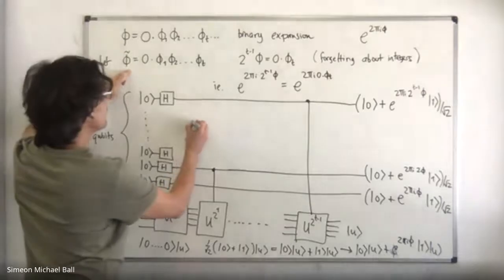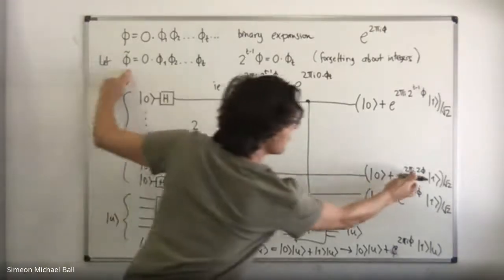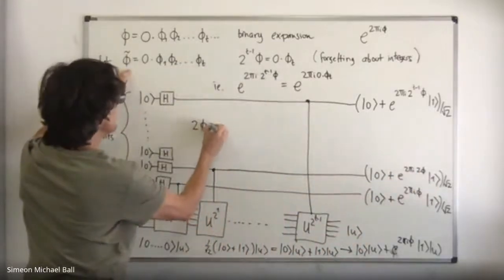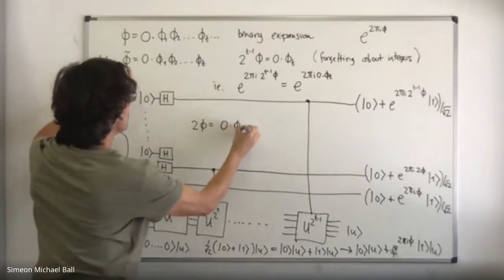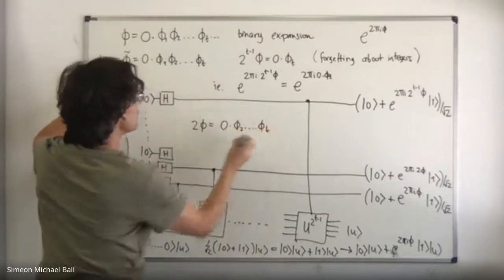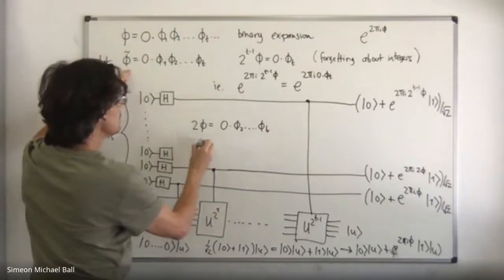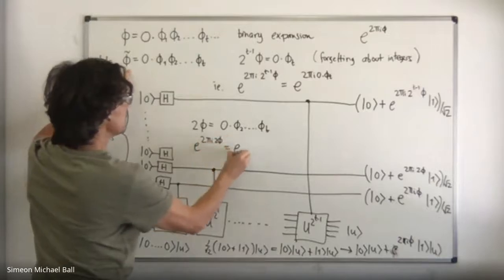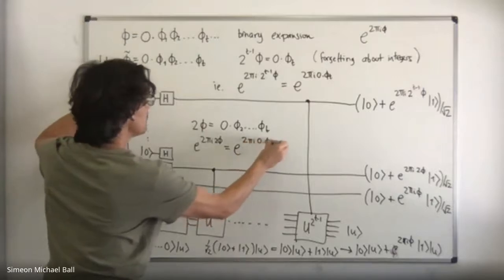Likewise, 2 to the, let's say, down here, 2 times pi is 0.0202. So precisely e to the 2 pi i 2 times phi is e to the 2 pi i 0.